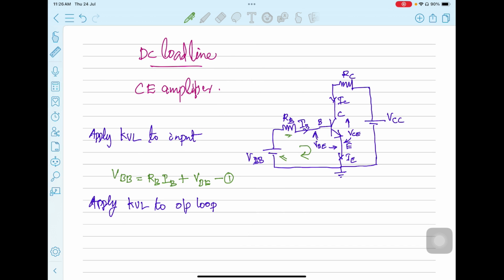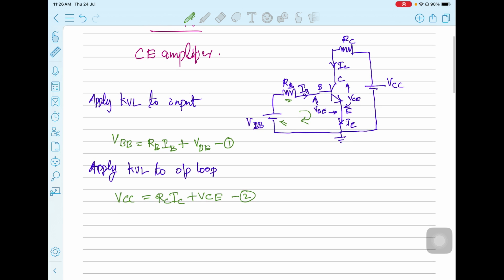So I can write the supply voltage is VCC, and the drop across the resistance is IC RC, that is voltage into resistance, and the voltage drop across the collector and emitter is VCE. So I take this as equation 2. Okay, so this is very easy.